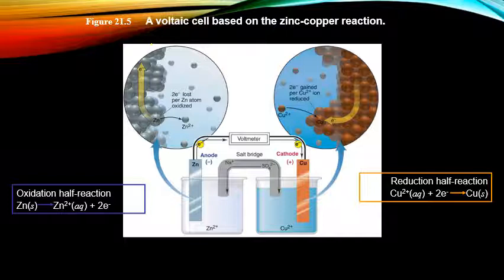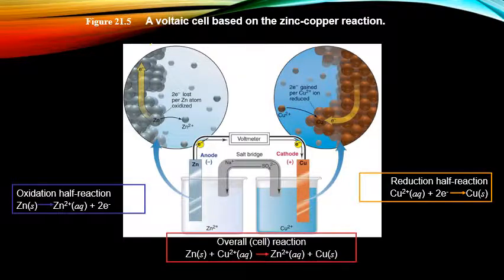So you can use that as some type of evidence. A lot of times they're not going to tell you what's the cathode and what's the anode. They're going to give you observational pieces to have you determine what's taking place within the compartments. So you can see here, as we look at the overall reaction, I have the Zn plus the copper 2+ ion forming the Zn2+ and the copper as a solid.